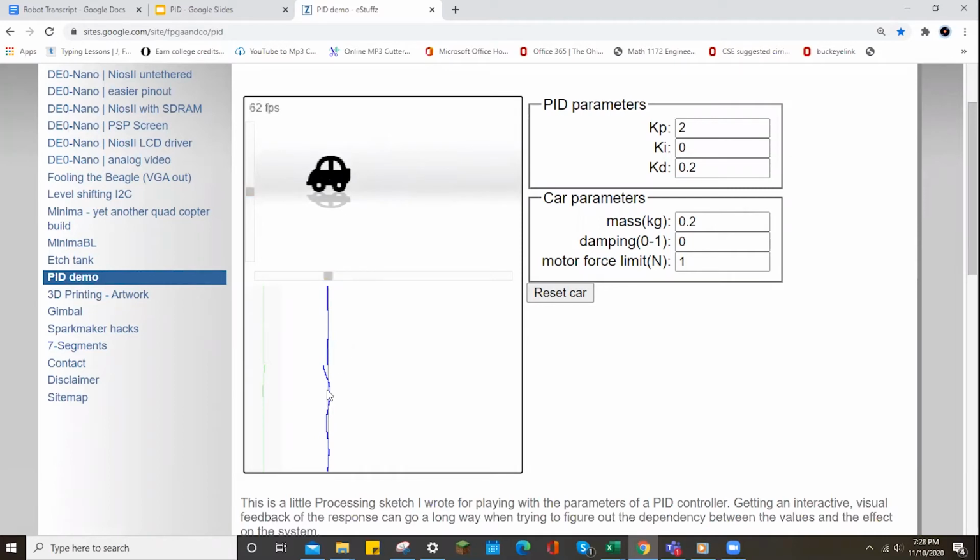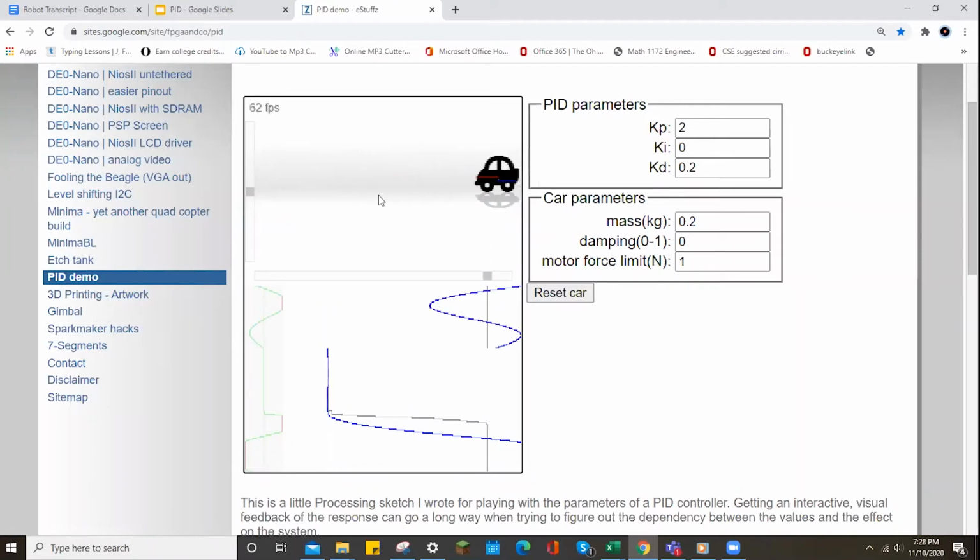So in this scenario where we're trying to get the car to go from this side of the world to the other side, you can see how in the beginning it's continuously oscillating a little bit due to the P controller, yet it slows down to 0.